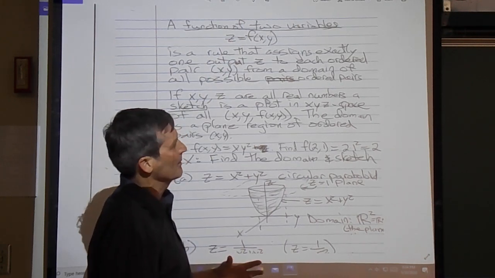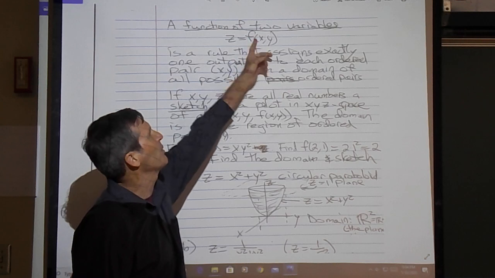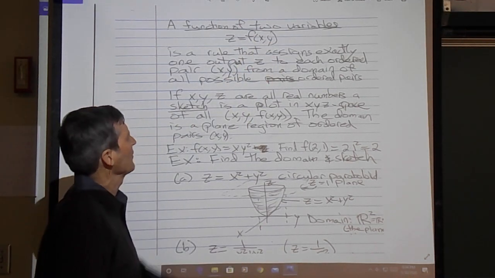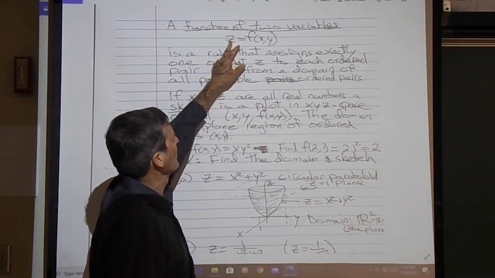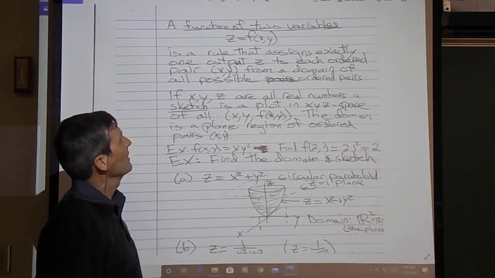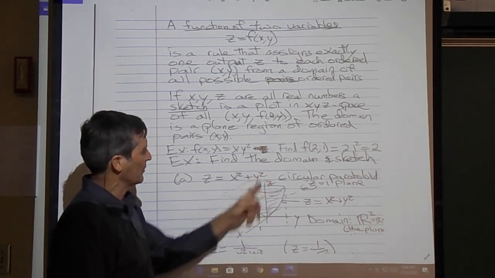So it's still a function, still a rule that to each input assigns exactly one output, but the inputs are ordered pairs x, y. And we'll only be interested in ordered pairs of real numbers x, y, and real number output z. That means we can make a sketch of a function of two variables in x, y, z space. Remember how to draw these?